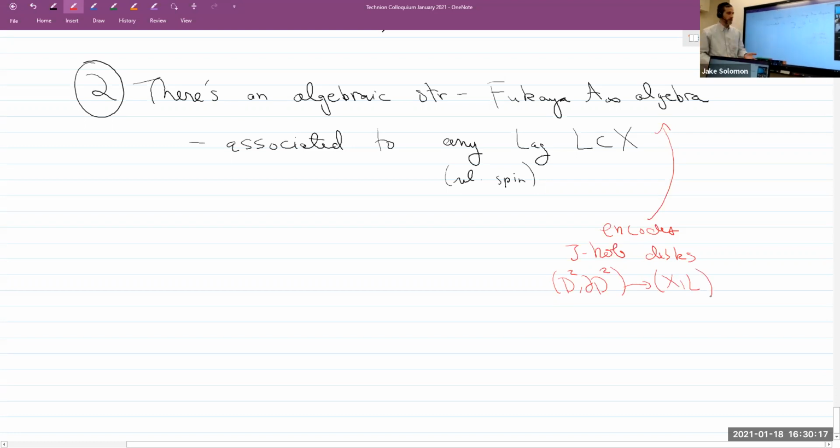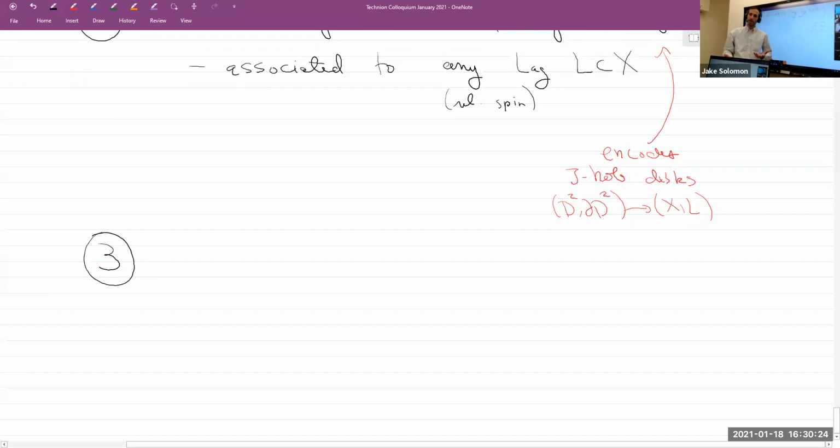And when you have this A-infinity algebra, there's a notion of a Maurer-Cartan element, or what we call a bounding chain.